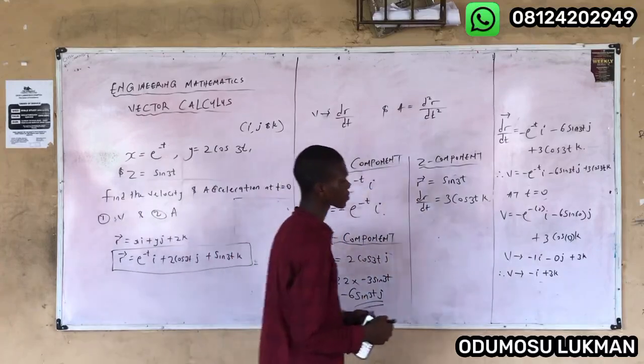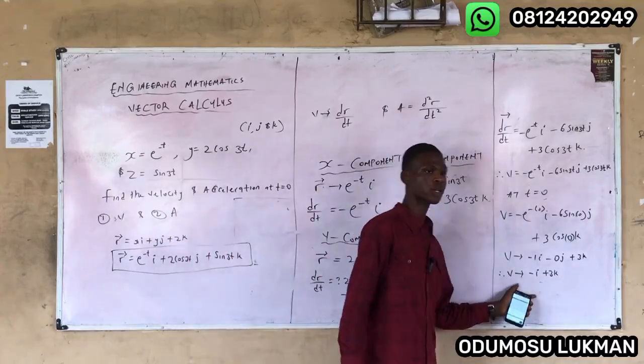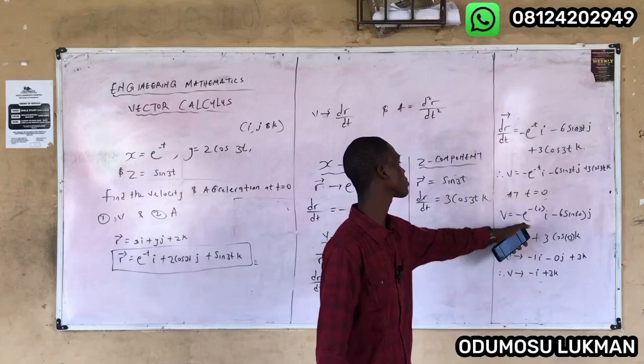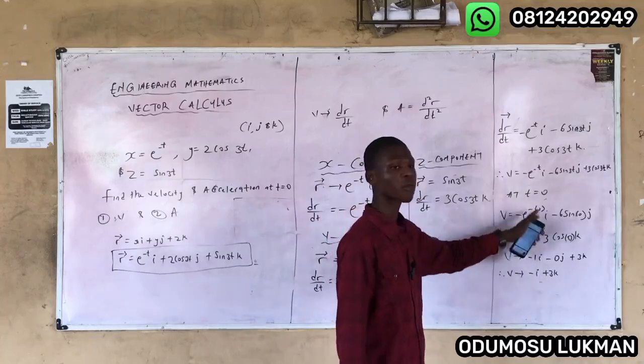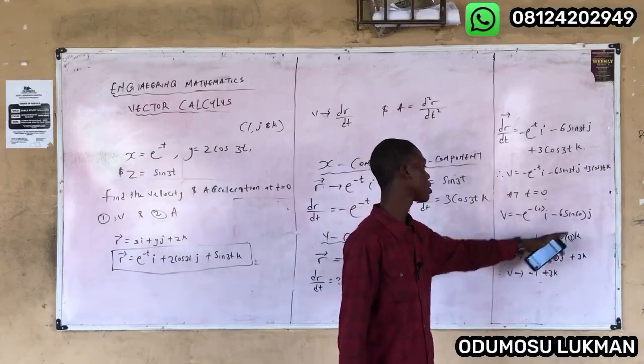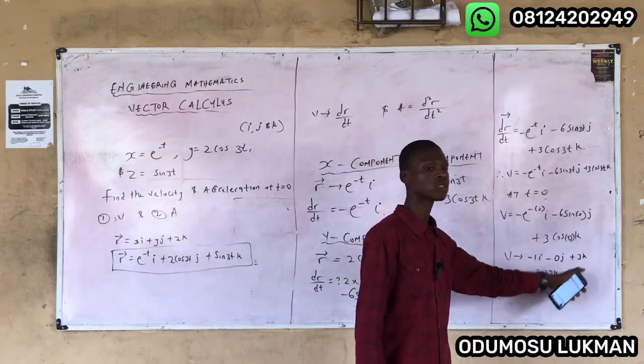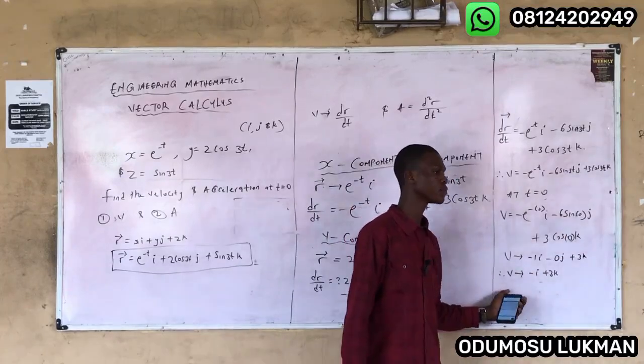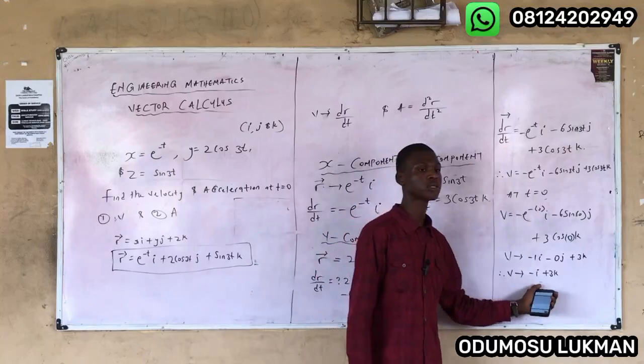Are we together? Are you also having the same value here? Minus exponential minus 0 raised to the power of minus 0 will give you minus 1 i. Then this will give you 0 j. Then this will give you 3 k. Which implies that velocity v is this, right?